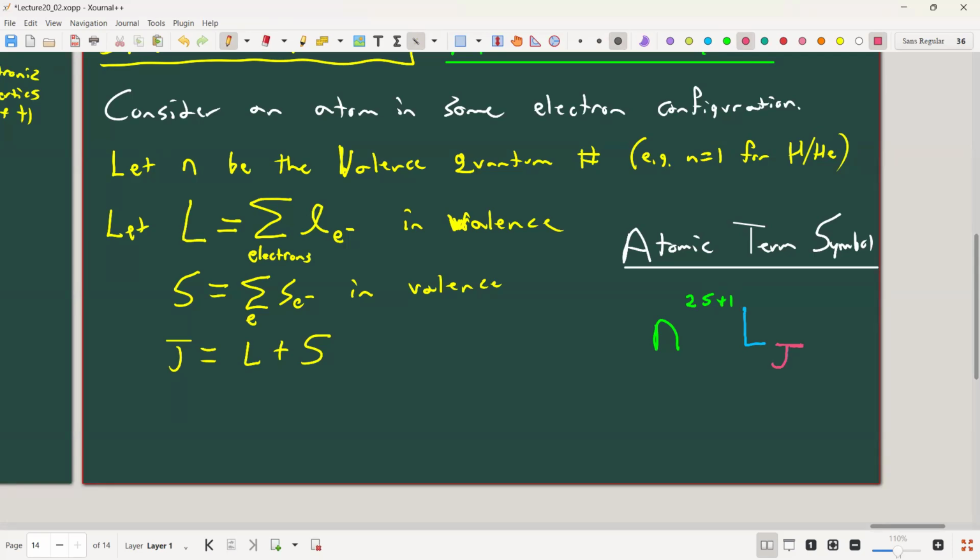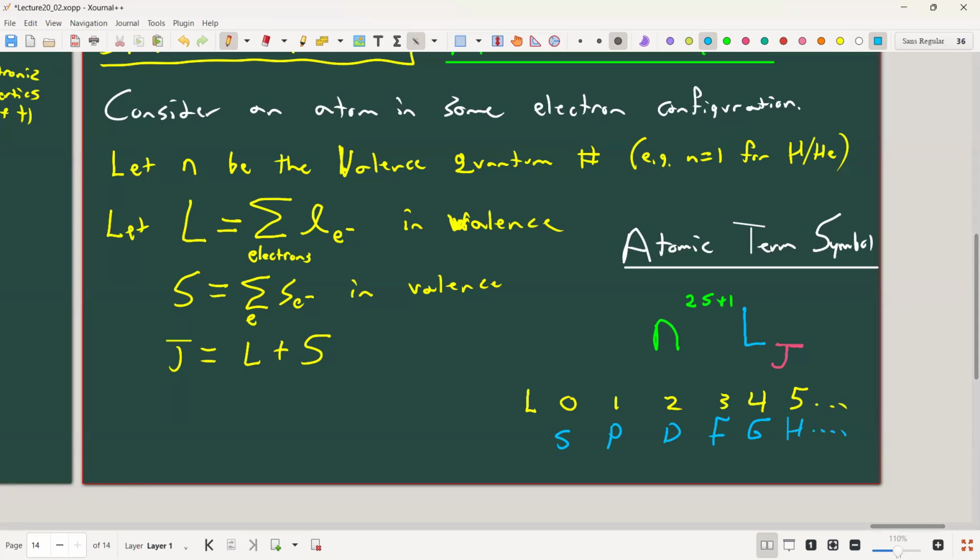We're not going to write it in terms of numbers, but instead L can be again 0, 1, 2, 3, 4, 5, and what we call them are S, P, D, F, G, H, and so on. We use the orbital notation for L. J is just a number, 2S plus 1 is a number, n is a number, and so on.